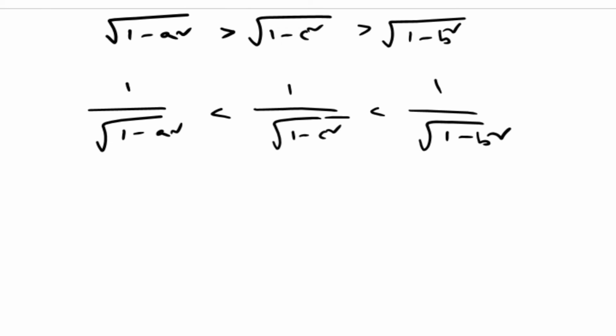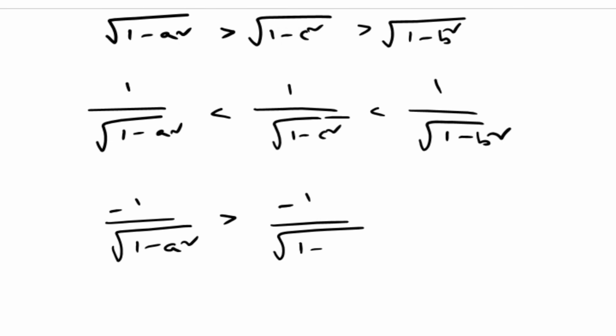Now multiply with minus 1 again: minus 1 by under root of 1 minus a square greater than minus 1 by under root of 1 minus c square greater than minus 1 by under root of 1 minus b square.